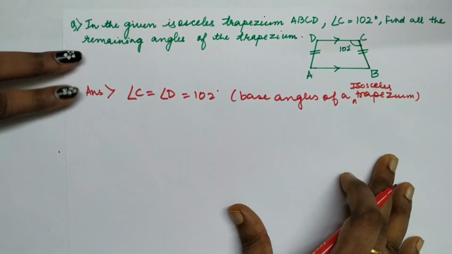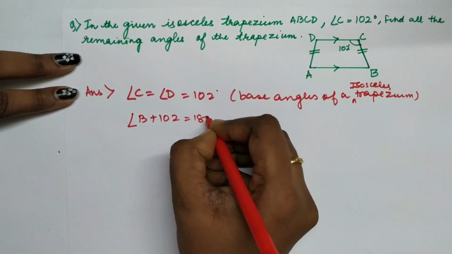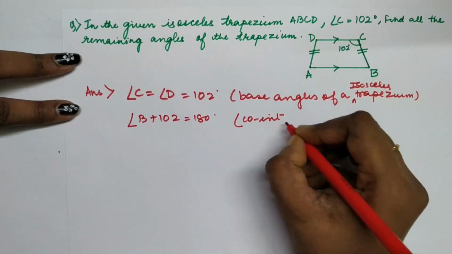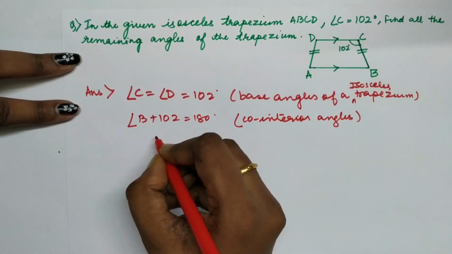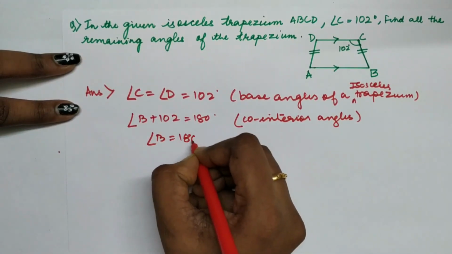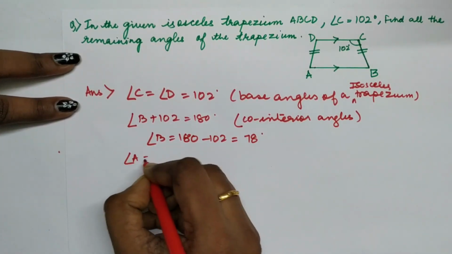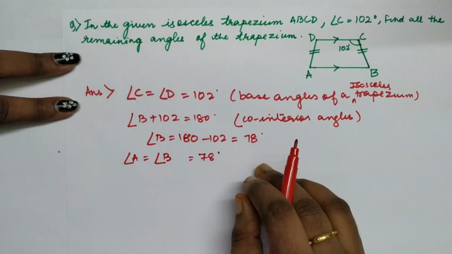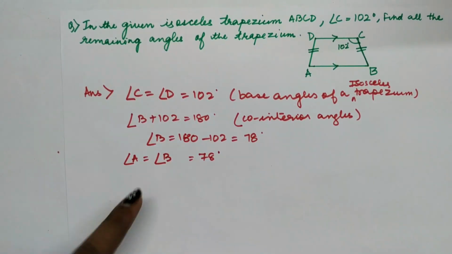Angle B plus 102 degrees is equal to 180 degrees, because it is a co-interior angle, if I consider that these two are the parallel lines of the trapezium. So angle B is equal to 180 minus 102, that is 78 degrees. Angle A is equal to angle B, that is 78 degrees, the reason being base angles are the same. So thus we got A, B 78 and D is equal to 102.